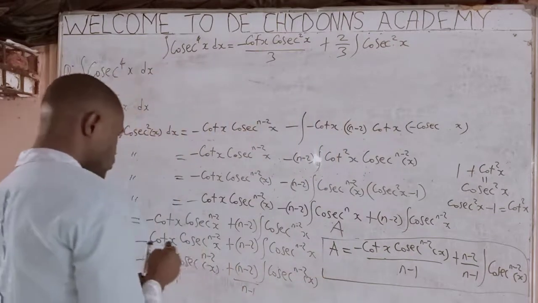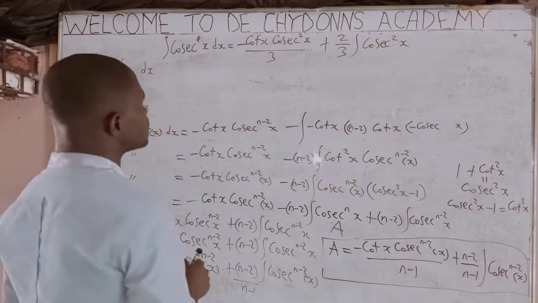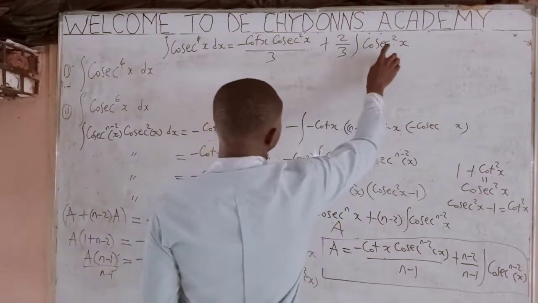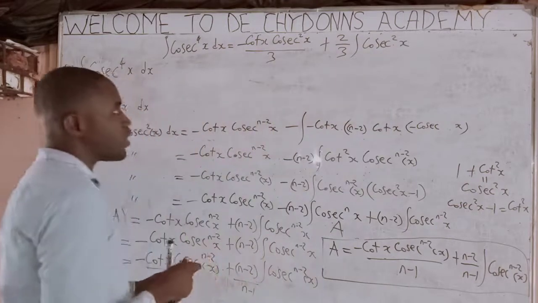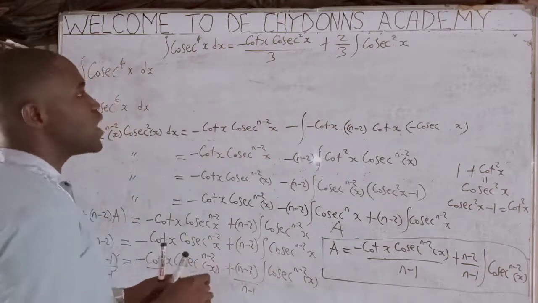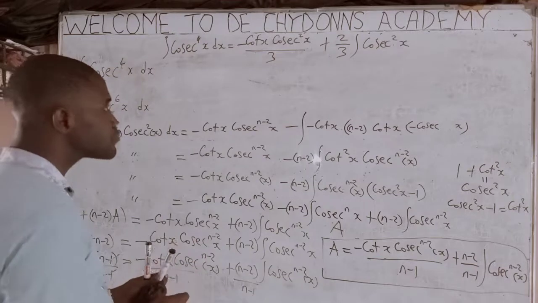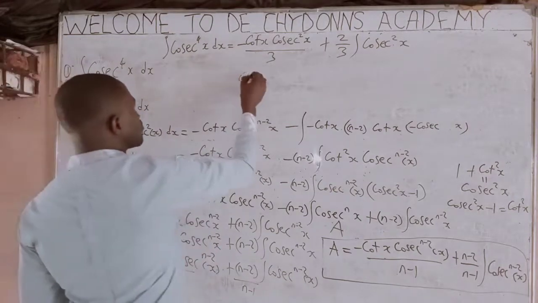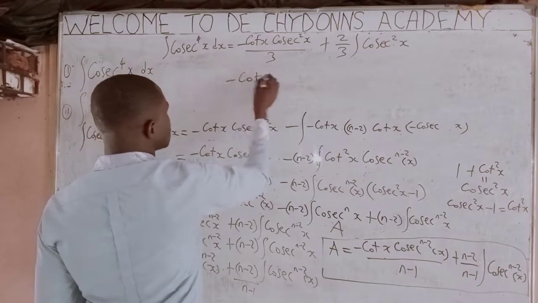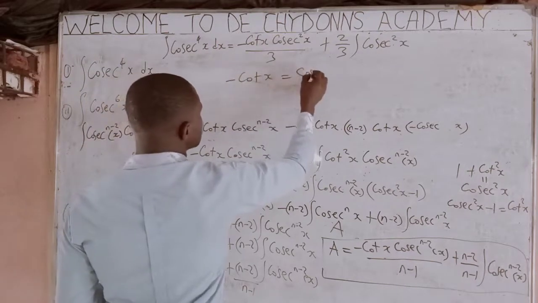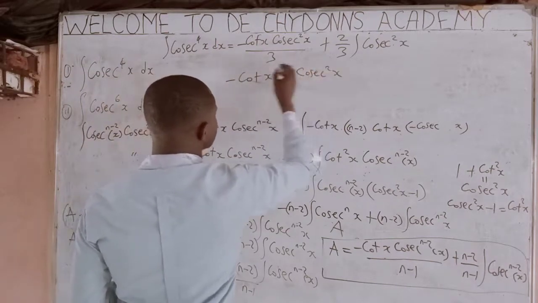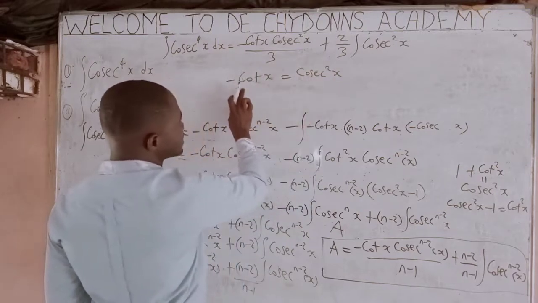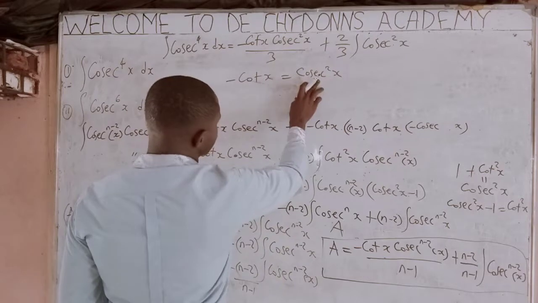Now the question is, when you integrate cosec squared x, what will it give us? Remember that when you differentiate cot x, we have minus cosec squared x. So when you differentiate this, you get this.